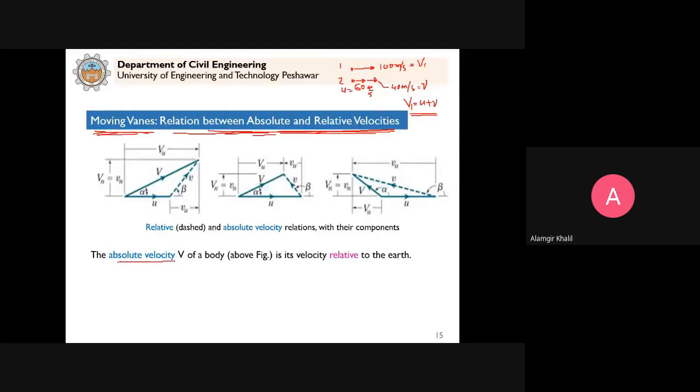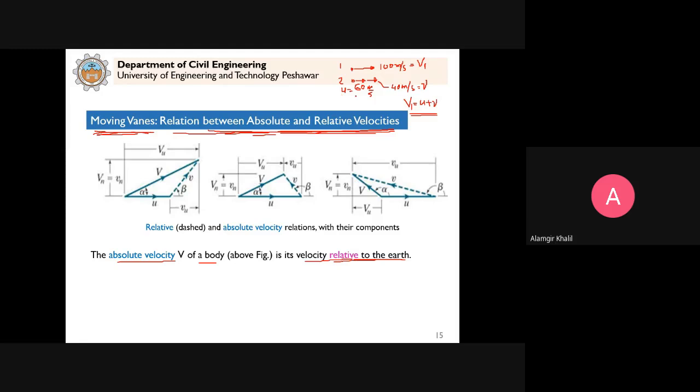The absolute velocity v of a body is its velocity relative to the earth. So what is the absolute velocity? The absolute velocity of a body is its velocity relative to the earth. The body is moving at 100 meters per second with respect to earth, so the v1 that we write down here is the absolute velocity.